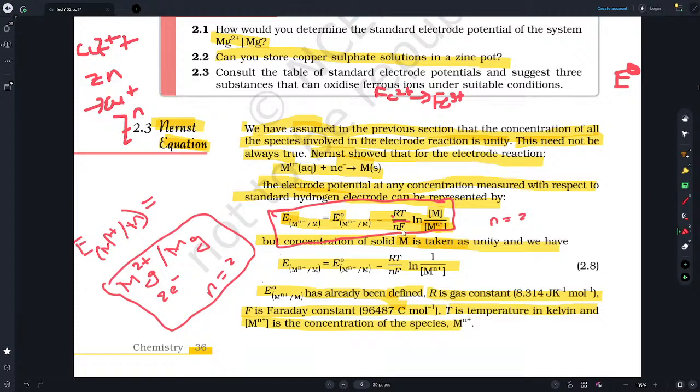F is Faraday's constant, which has a constant value, and this is multiplied by ln, the natural logarithm of the concentration of M, the metal, by the concentration of the metal ions.